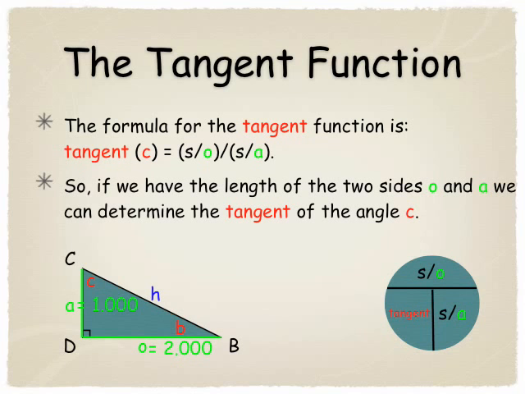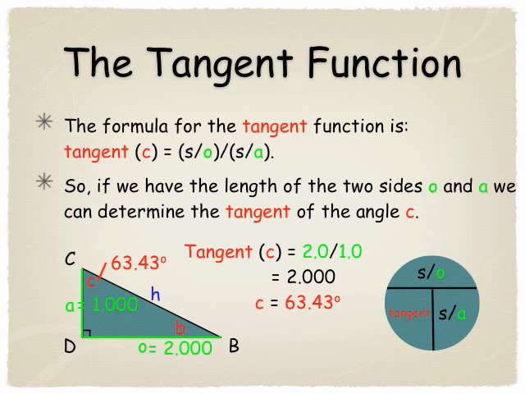So here, if we have the length of two sides, the opposite and the adjacent, we can determine the tangent of the angle C. We plug the adjacent side of 1.0 and the opposite side of 2.0 into the formula to get tangent equals 2.0 divided by 1.0, which gives us 2.0. Now if we look up the tangent of the angle C, we find that the angle C is 63.43 degrees.